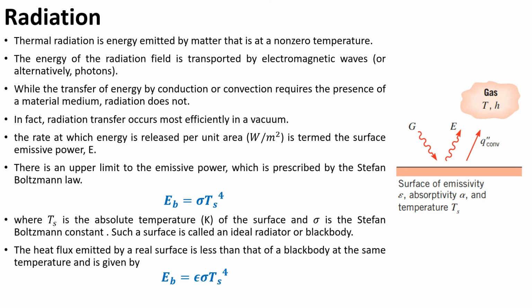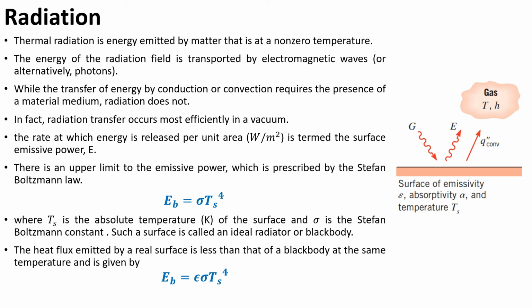The amount of emissive power, or the amount of radiation emitted by a body, is given by the Stefan-Boltzmann law, which is E_b equals sigma T_s to the power 4. This is the emissive power of a black body.